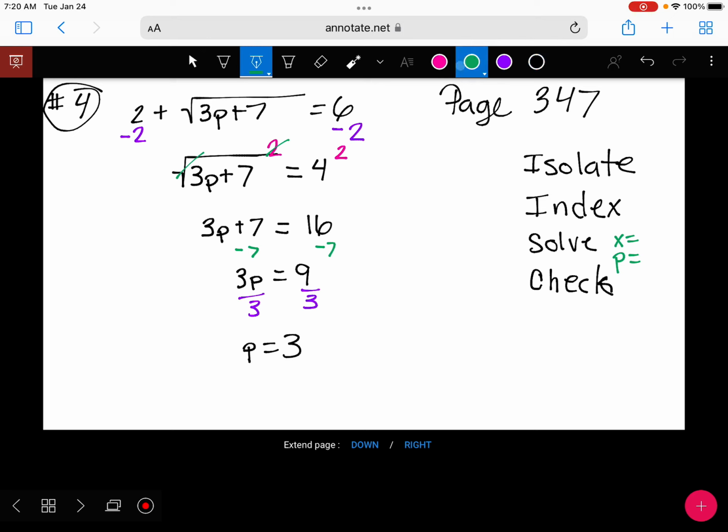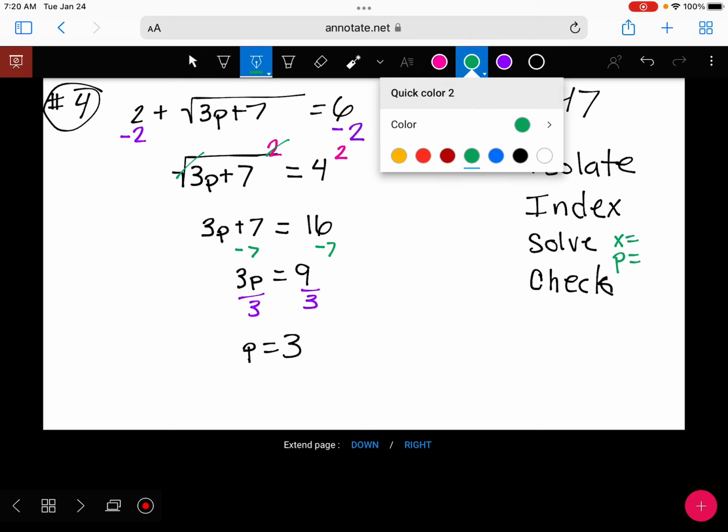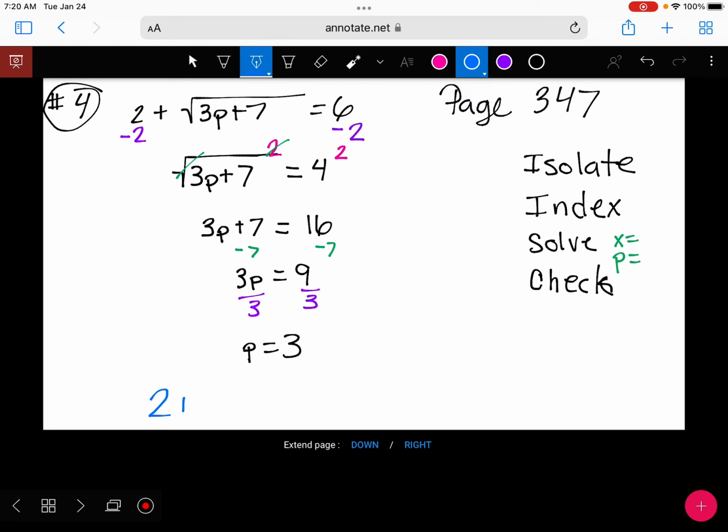So to check it, we're going to go 2 plus square root of 3 times 3 plus 7. And you can just type that whole thing into the calculator. This is our check.